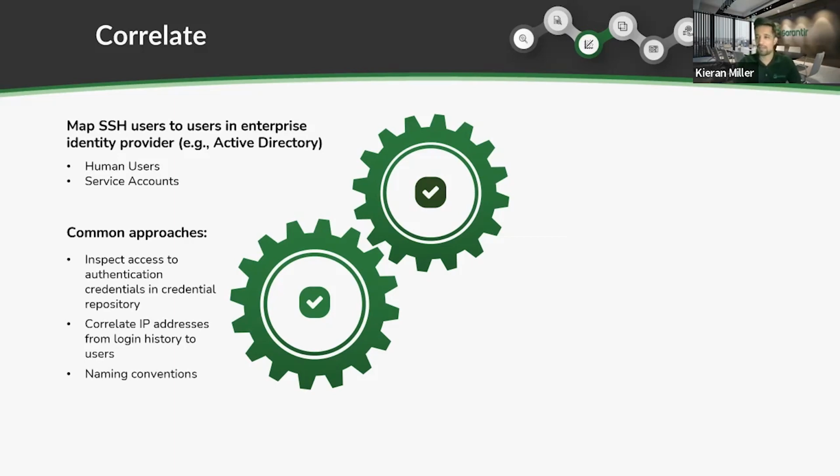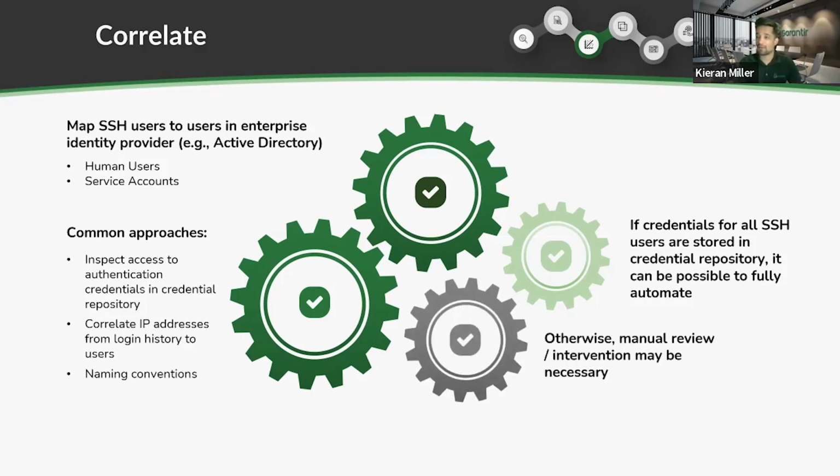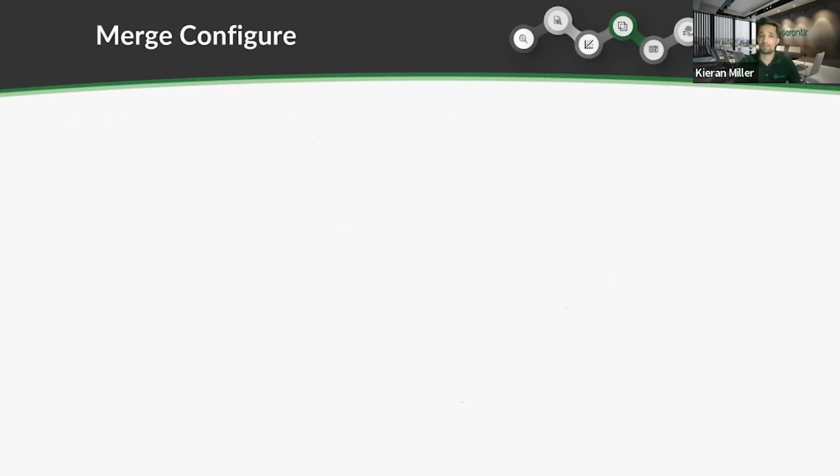Really, inspecting the access to the authentication credentials is the best bet. And then, if the credentials for all the SSH users are stored in the credential repository, it can be possible to fully automate this. But like the other slide, otherwise manual review and intervention may be necessary for certain users on the box.